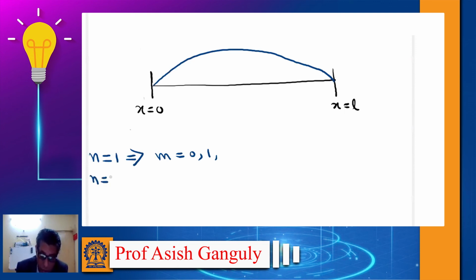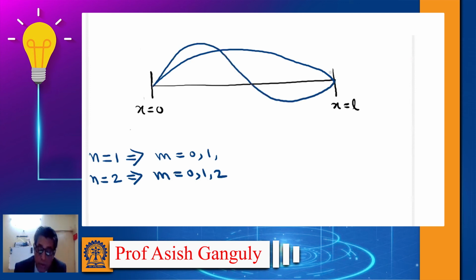Now n equal to 2. This is m equal to 0, 1, 2. So that means there is an intermediate crossing there. This is n equal to 1, this is n equal to 2, right?